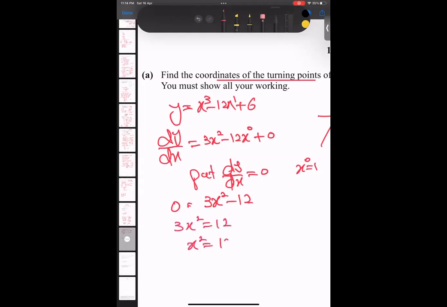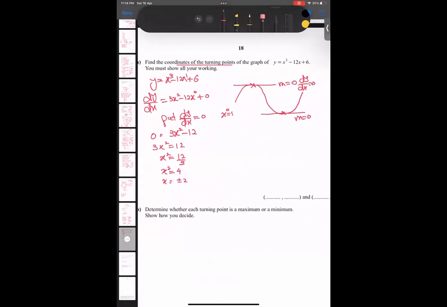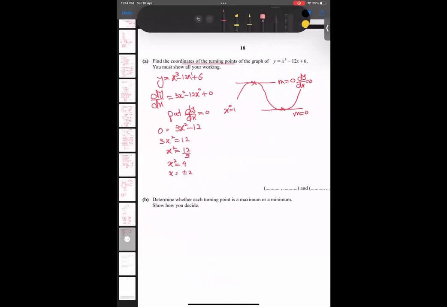Dividing by 3, I got 4. Take the root, and don't say 2 only, it is plus and minus 2. So I got 2 x values, maybe one x value for this point and one for that point. He's asking to find the coordinates, so x is equal to 2 and x is equal to -2. I will put both values in the equation at the top.